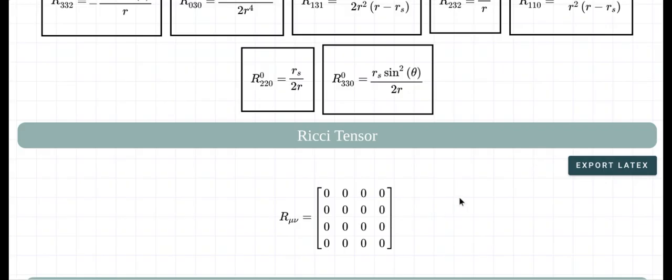Well, because this tensor is used in the Einstein field equations and it relates to what's on the other side of the equal sign, which is the stress-energy-momentum tensor. So if there is no energy or mass in the space you're in, the stress-energy tensor's components are zero.